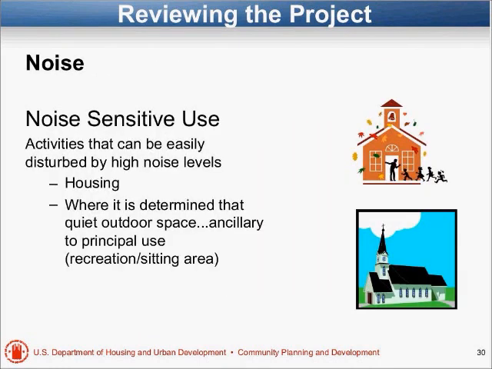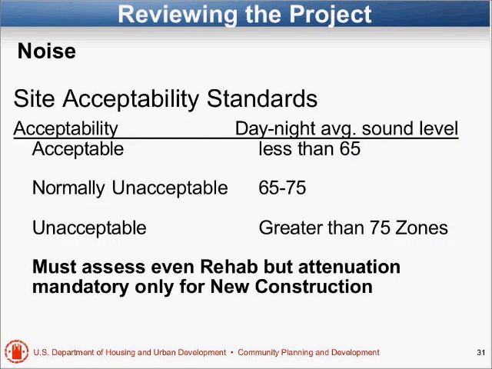One thing that we look at at HUD that local governments may not pay as much attention to is noise. If you're putting a noise-sensitive land use, such as housing, next to an airport, an interstate, or a railroad, or even a busy highway, that may trigger certain requirements.